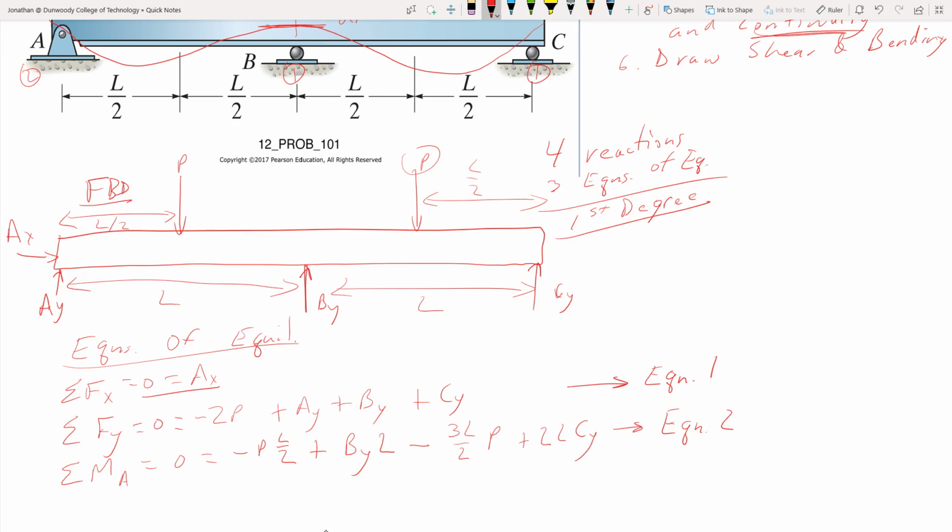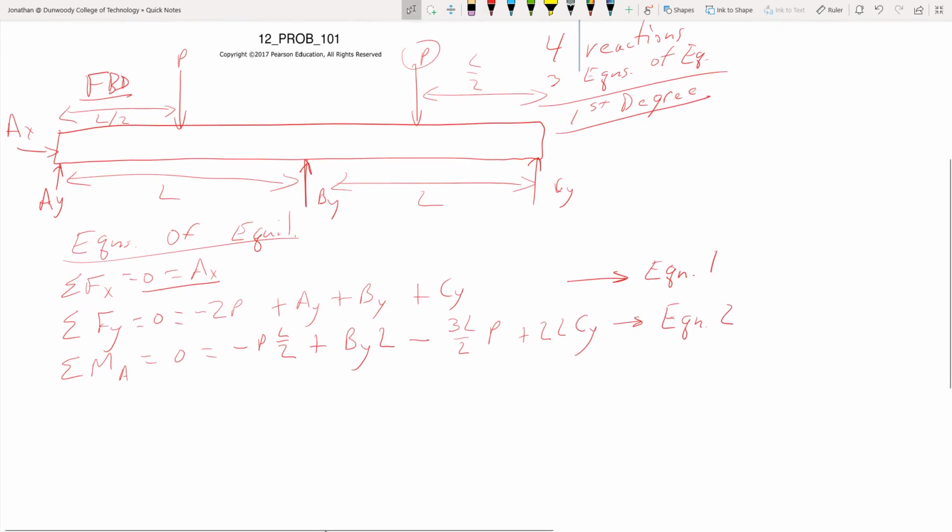Right? Now I'm going to draw a couple sections of this diagram. So I'm going to take one section that will be from this end over somewhere intermediate between CY and our load P, and then I'll do another one that includes load P all the way to the end, and that'll be segment 2.